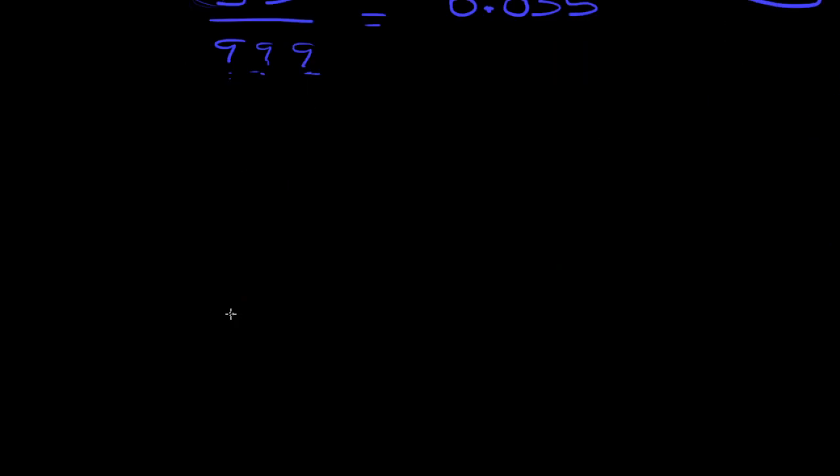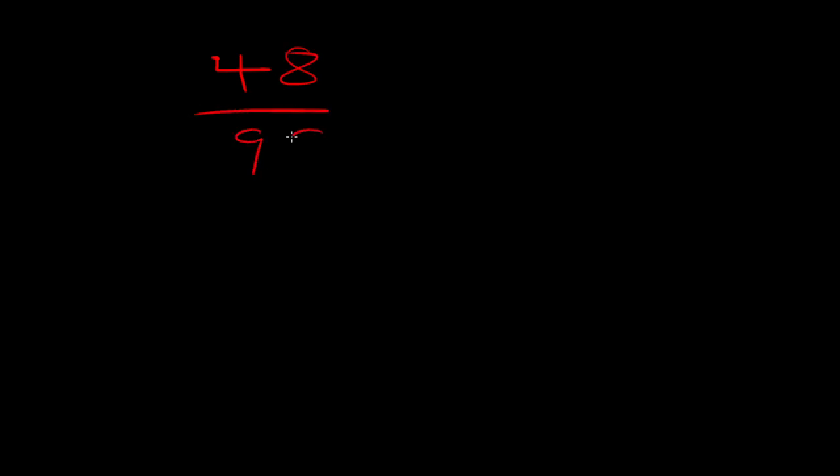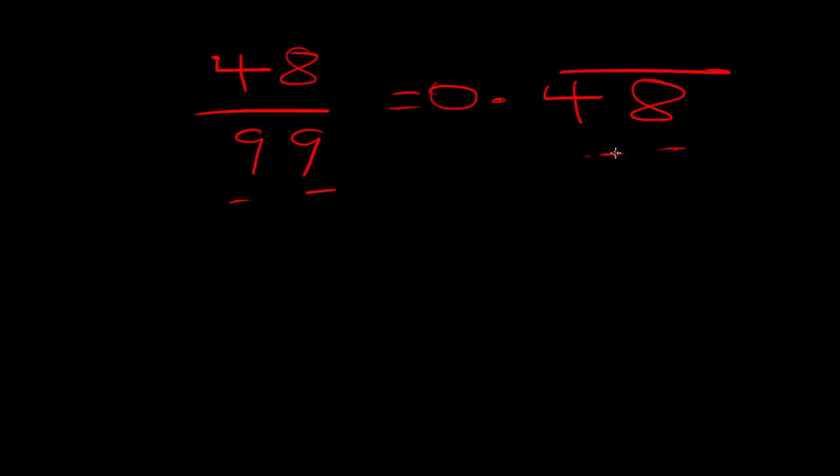All right. Just look at the numerator, and then let it repeat itself after you put, let's say, so this is going to be 0.48 repeated. Double digit here, double digits repeated.